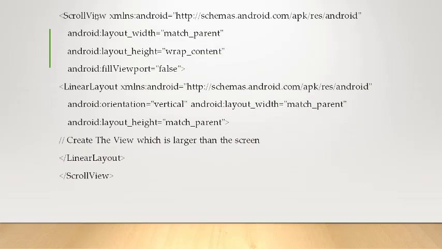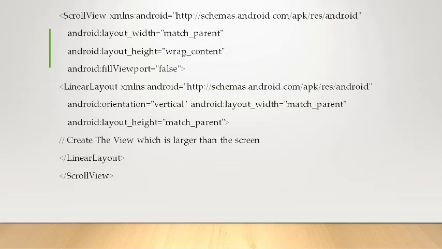Now, the basic structure or the code for the scroll layout: the tag used is ScrollView. This is used to define the scroll layout. Again, width and height, match_parent, wrap_content. Width is match_parent, that means it will occupy the entire screen.